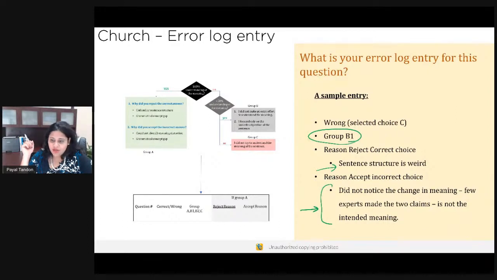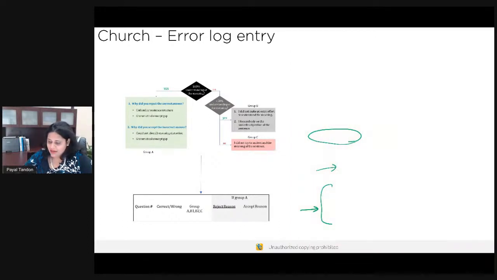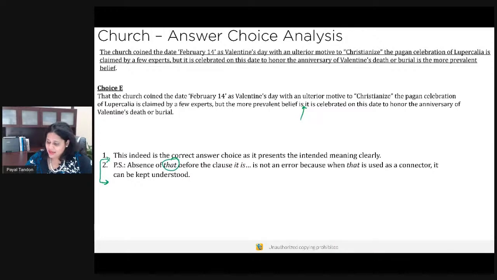Shouldn't there be a that after but? Again, precisely that, Abhishek. Over here, there could be a doubt that there should be a that before it is. You don't need to have that. It's absolutely okay not to have it. And that's the entry that you're going to talk about. Anant, you're absolutely right. Belief is, in option E, felt wrong.